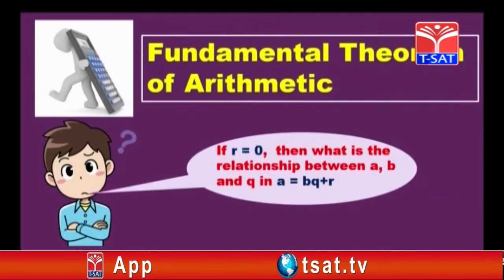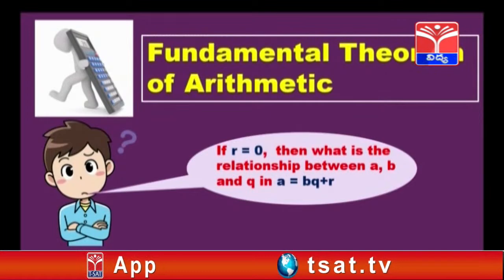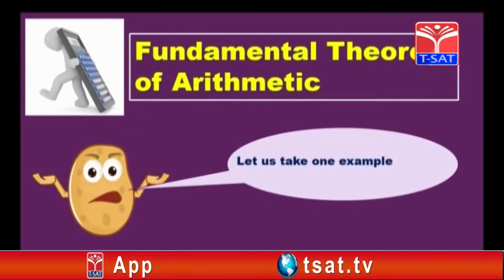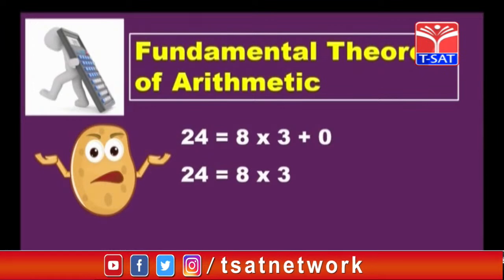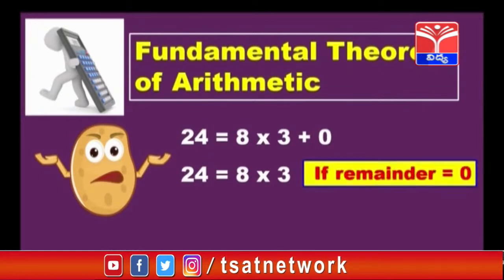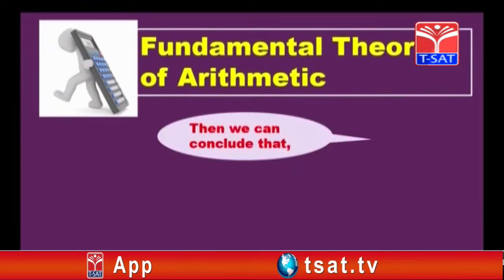Then coming to a question: in the formula a = bq + r, if r = 0, what is the relationship between a, b and q? To solve this, let us take one example. 24 = 8 × 3 + 0. Here the remainder is 0, so we can say 8 and 3 are factors of 24.